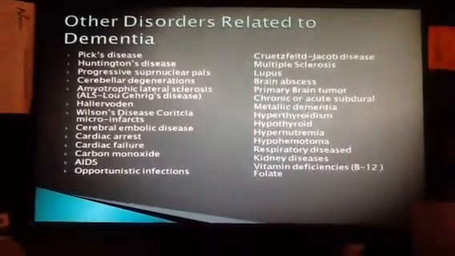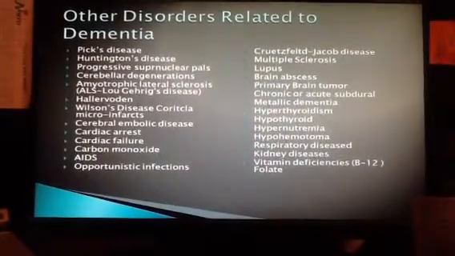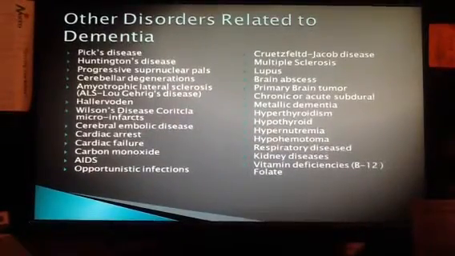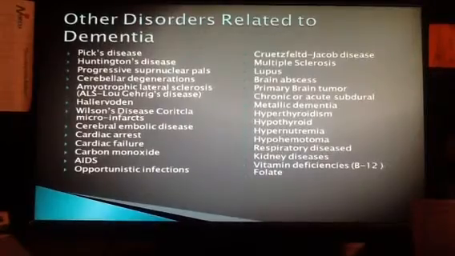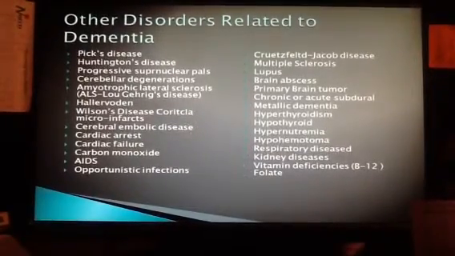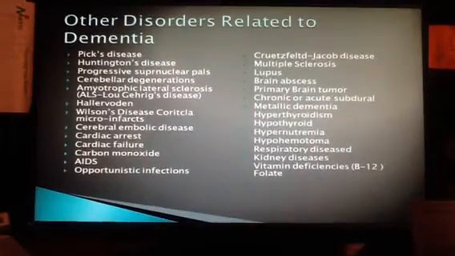This is a list of many other dementia-related disorders. There are many that hit from young to old, from AIDS to vitamin deficiencies.